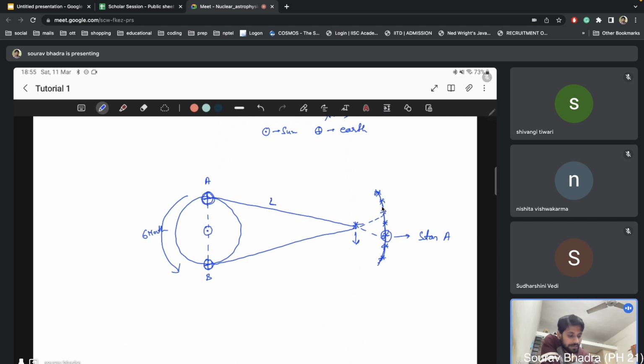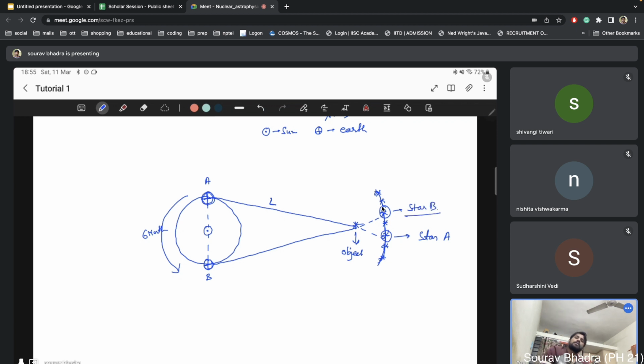This is our object, and this is the background object. This is all the background of the star. From position B, it will see this object in front of this particular star B.